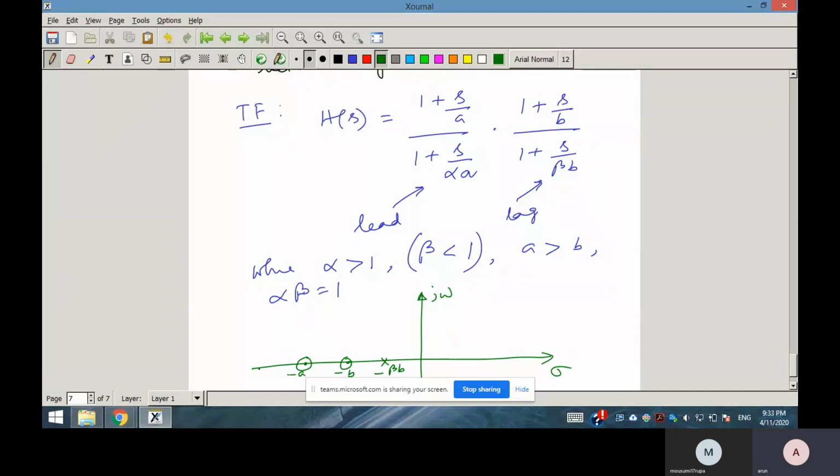And minus alpha A: alpha is greater than 1, so this will be minus alpha A. So this is the PZ map of H(s) of the lag-lead controller.